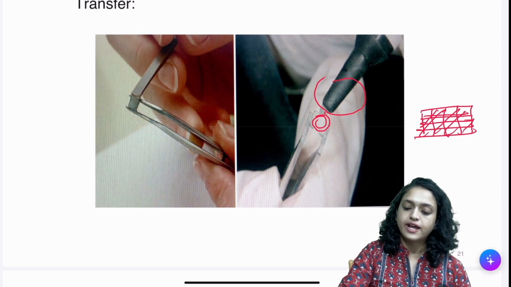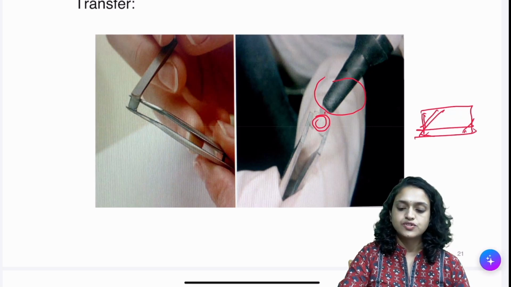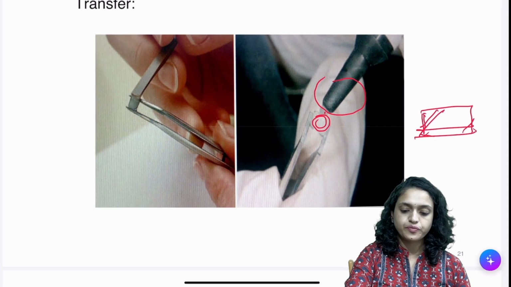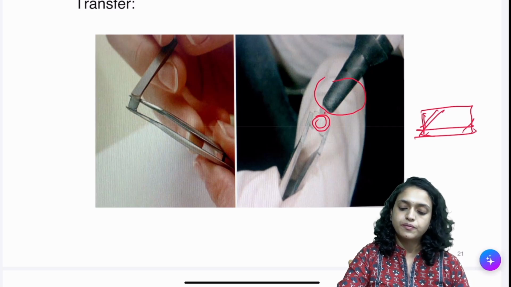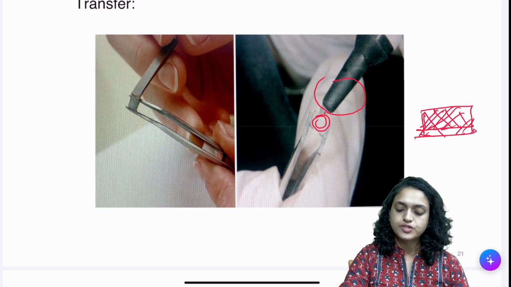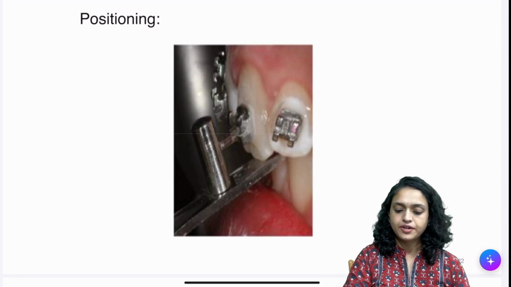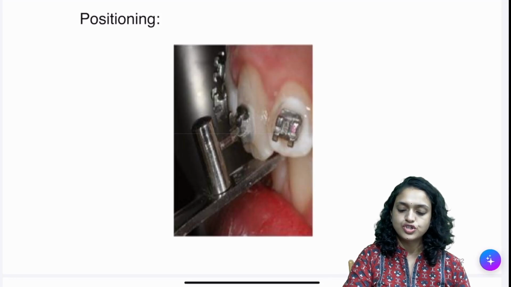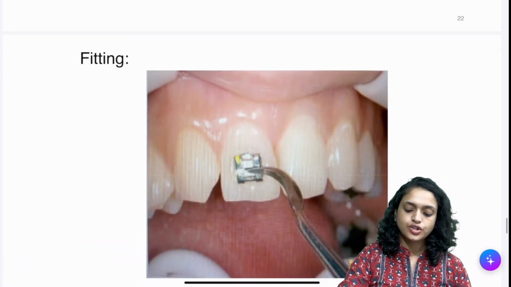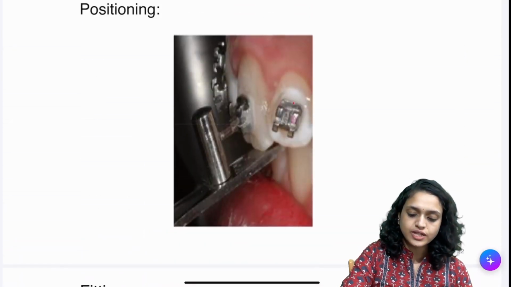The mesh will help hold the composite onto the surface. So onto the mesh you place the composite and then you position the bracket with the composite on the tooth surface. You press the bracket so that the excess comes out.